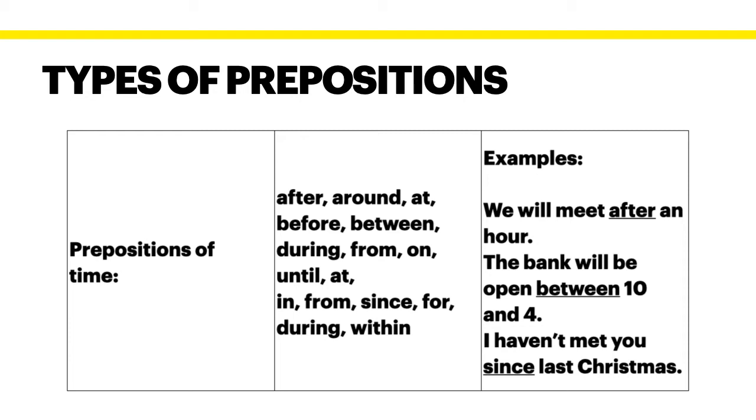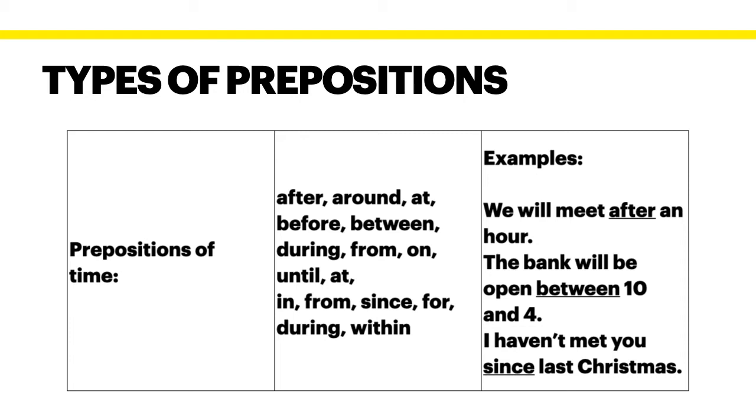Examples for such prepositions are after, around, at, before, between, during, from, since, etc. You should keep in mind that these same prepositions can be used in other ways also, but when these words are used to signify time, then they are prepositions of time.